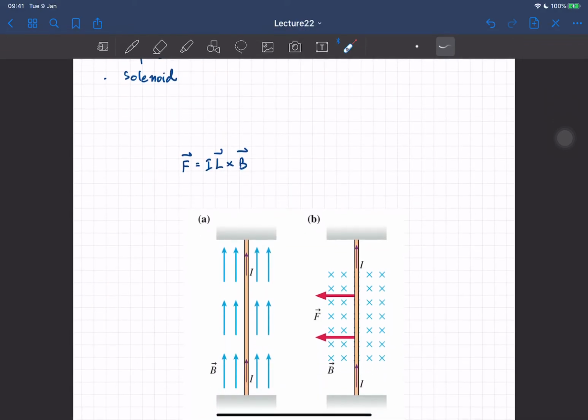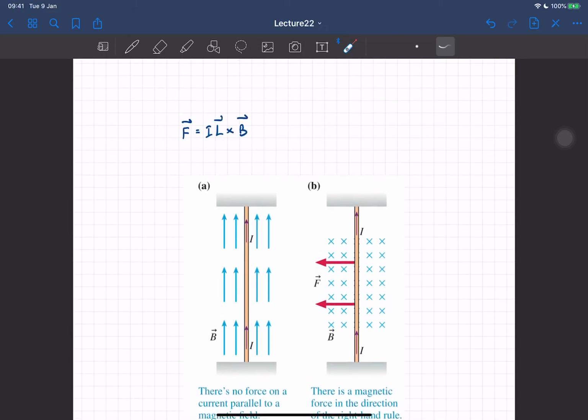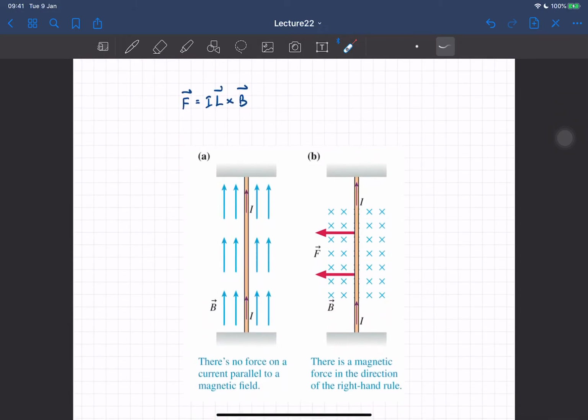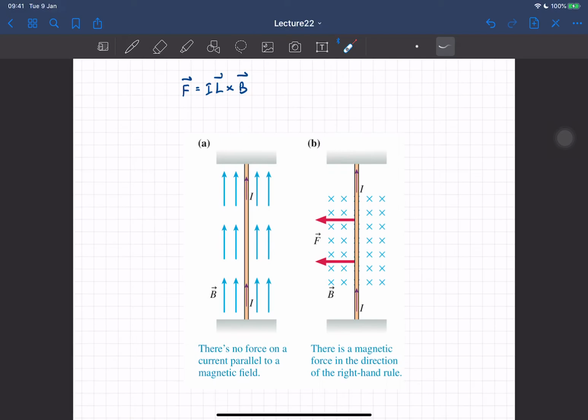Okay. Before I talk about the velocity selector, let me show you this diagram. So this diagram is the long vertical wire, and it has some current passing through. And again, this one is to demonstrate this formula here.